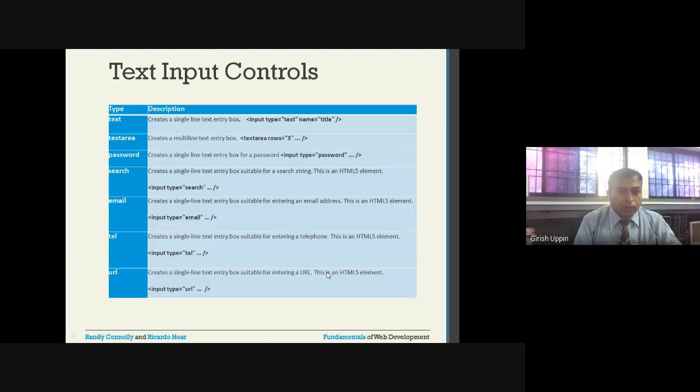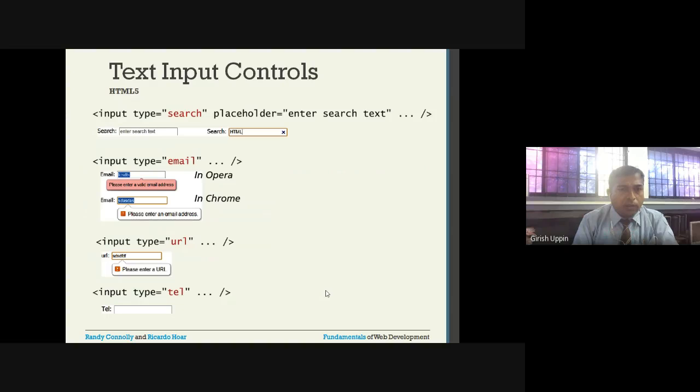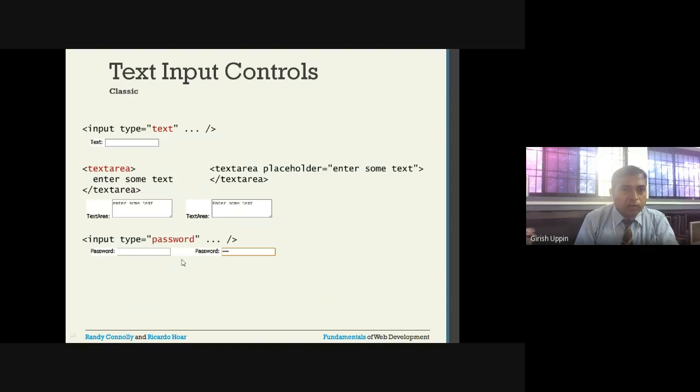Telephone and URL you can try. Now the next things. This we already did. First one is for the text. This is how the text area will look like. This particular text area is different from others.